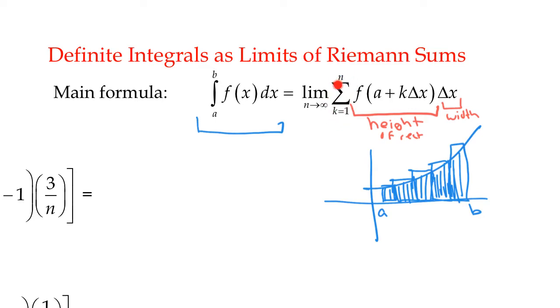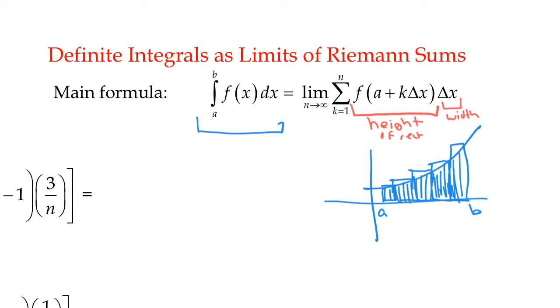This notation you do need to know. If you don't, you gotta watch one of those other videos below this. That's a sum. It means we're going to add up all of the rectangles from 1 to n. If we had 10 there, we'd add up 10 rectangles, 1 to 10. But we're letting n go to infinity, so we're adding up an infinite number of areas of rectangles, and that gives us the area under the curve from a to b. That's why this right side is equal to the left side.